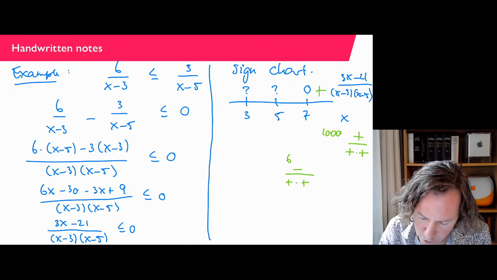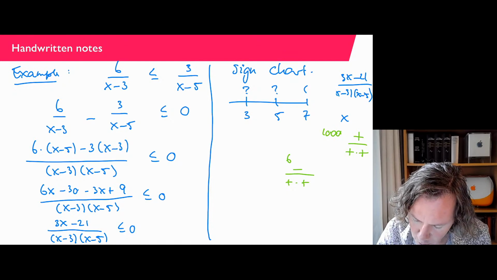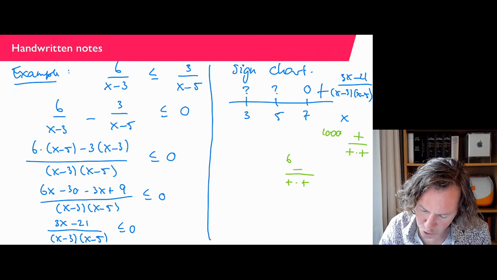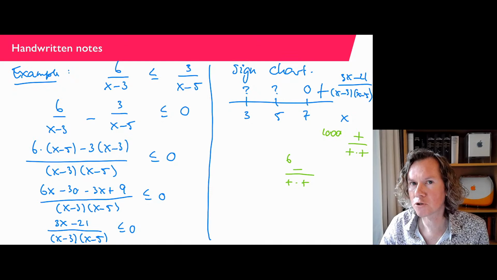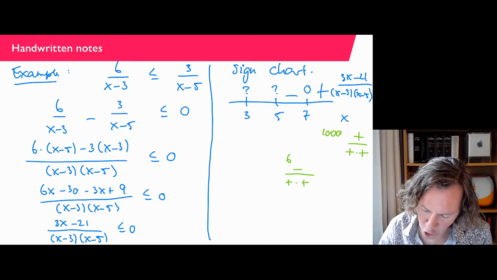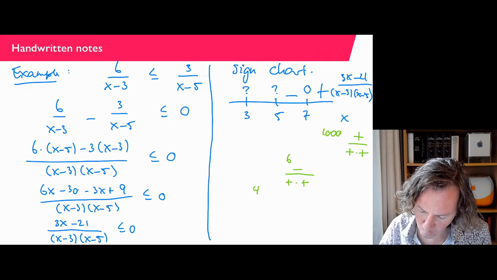Oops, I should write this thing here. One second. I want this to be blue. So this was plus. For x equals 6, and so every value in between 5 and 7 is going to be negative. Between 3 and 5 we can pick 4, and then we get negative over plus times negative.